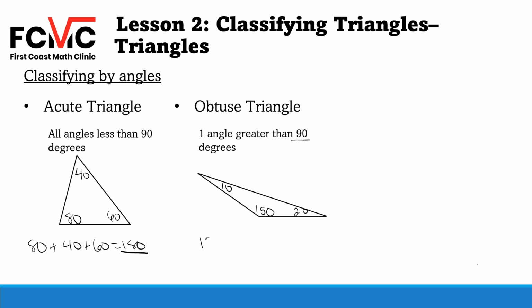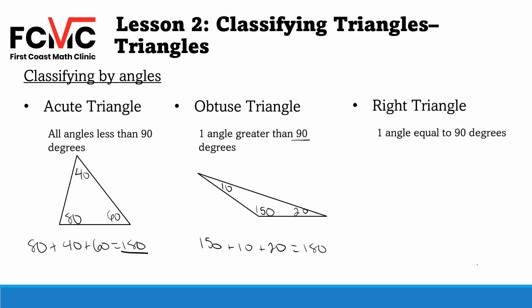So then if we add those up, 150 plus 10 plus 20, that's going to give us 180 degrees. A right triangle, we have one angle equal to 90 degrees, so something like this. We've got 90 degrees, and then 50 and 40, so then 90 plus 50 plus 40 equals 180.